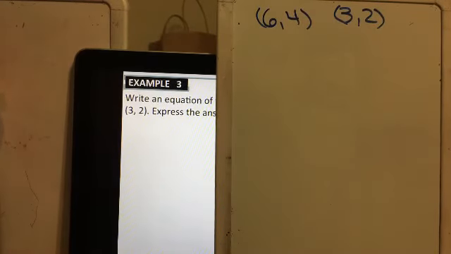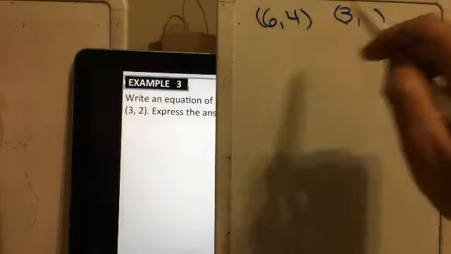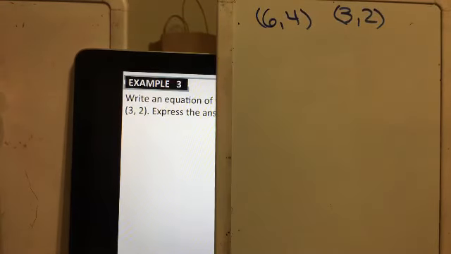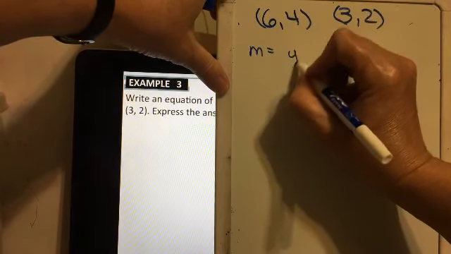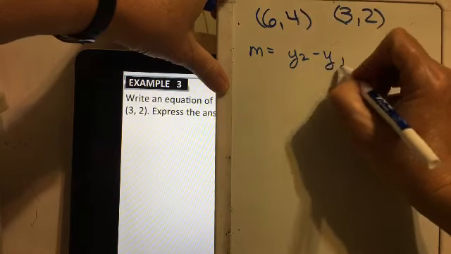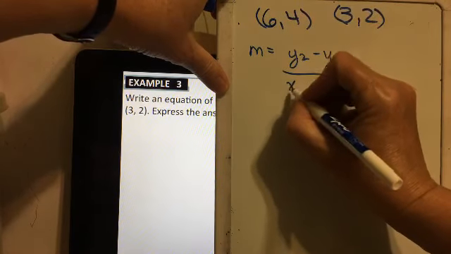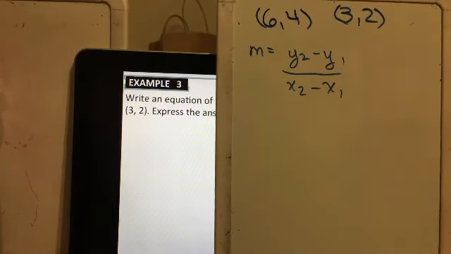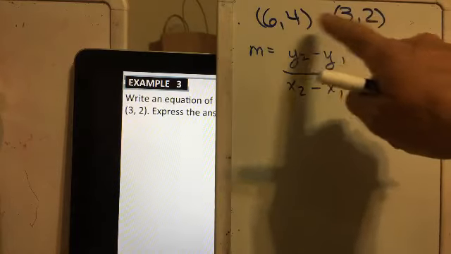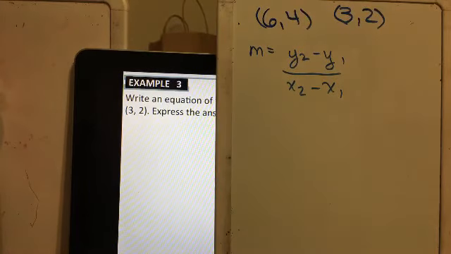So step 1 was to take the 2 points and put them into the slope formula. So we have m equals (y2 minus y1) over (x2 minus x1). Remember, my y's always go on top and my x's always go on the bottom. And remember, it does not matter which point I choose to be point 1 and point 2.